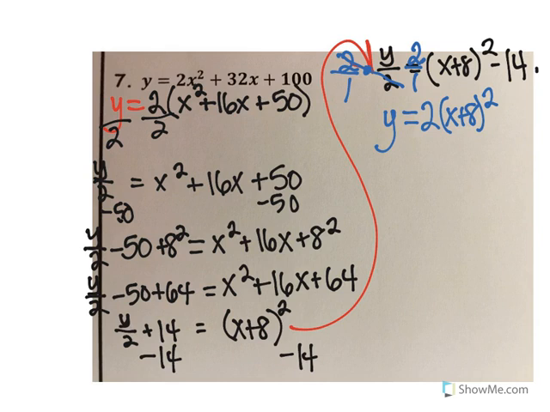What's negative 14 times 2? 28. All right, so vertex, negative h comma k. What's h? Negative 8. What's k? What kind of 28? Positive or negative? Negative. Good job.